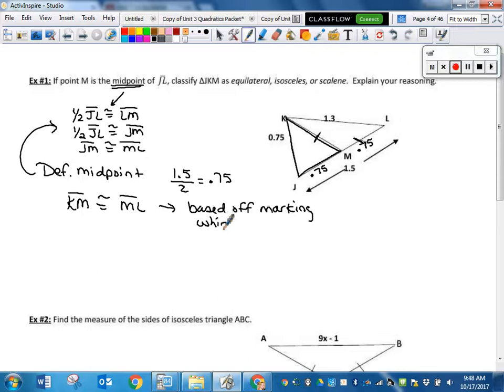So we know that those are congruent to each other, and so therefore KM is now 0.75. And now look, I've got enough information to decide that since KJ is 0.75 and JM is 0.75 and KM is 0.75, now I know this is an equilateral triangle.